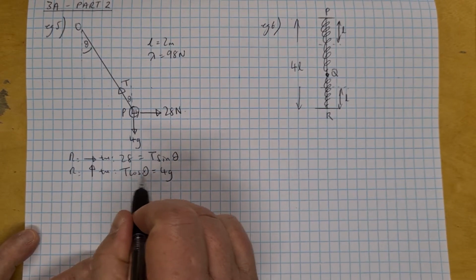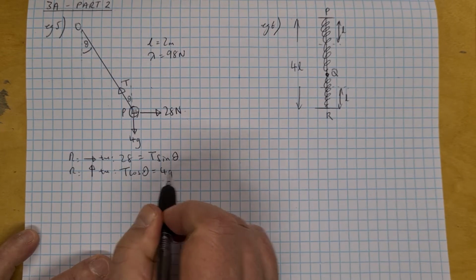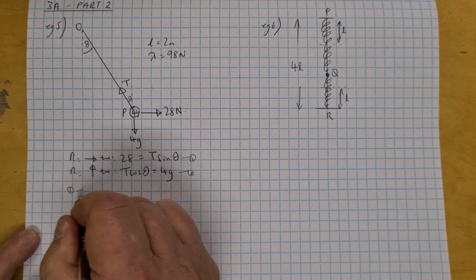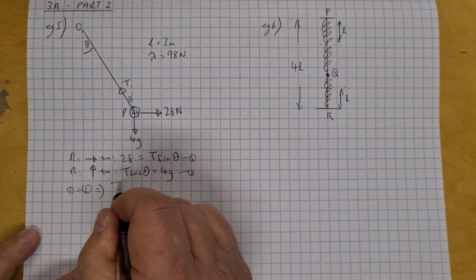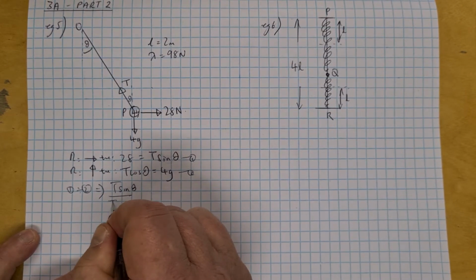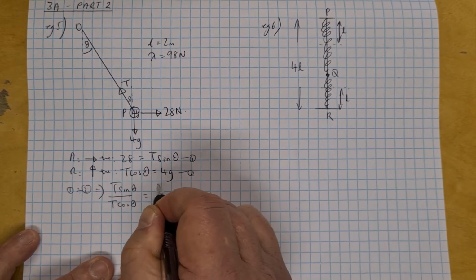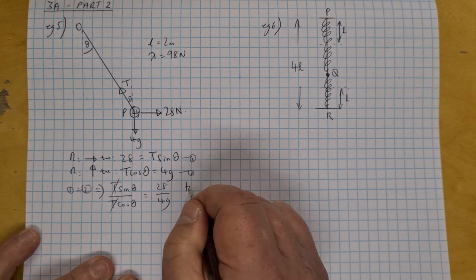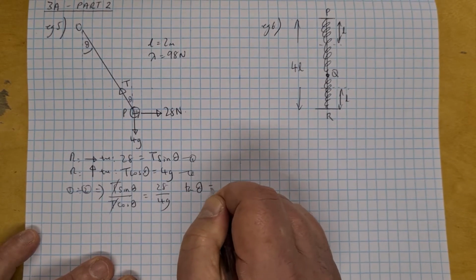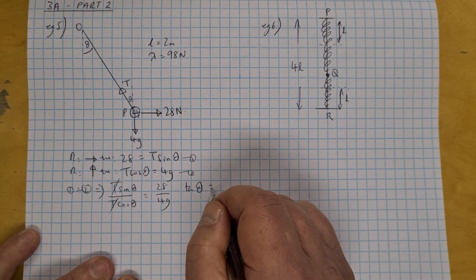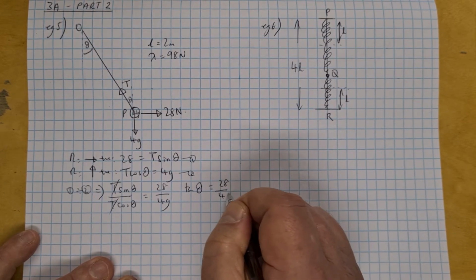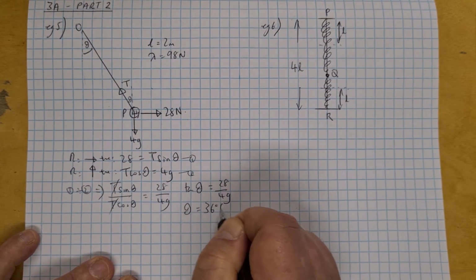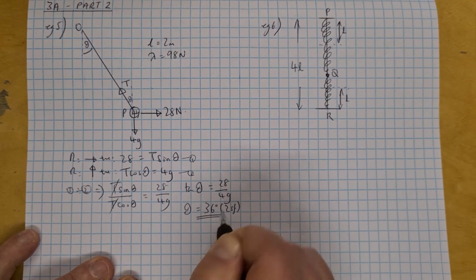Obviously if I wrote that as 4g equals T cos theta, that might have been a little bit easier, but essentially here, if we do 1 divided by 2, you can see that we have T sin theta over T cos theta is going to equal 28 divided by 4g. So therefore tan theta is going to equal 28 over 4g, and we end up with theta equaling 36 degrees to two significant figures.